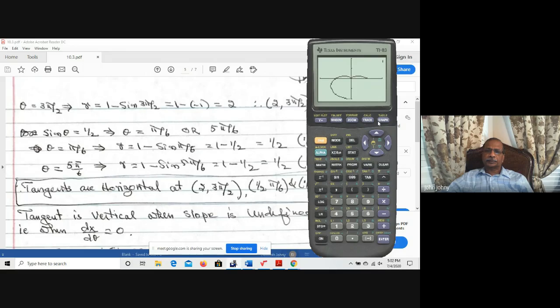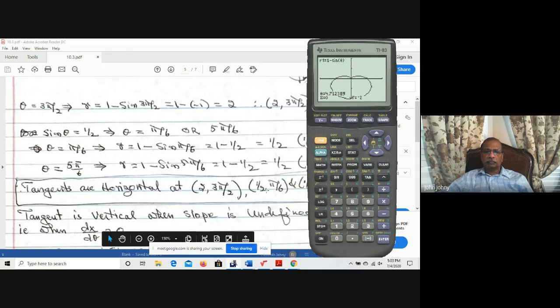Here it is. See, the tangent line is horizontal at 3 pi over 2. Second trace, theta 3 pi over 2. That is the bottom one, so there it is parallel. We can observe that.